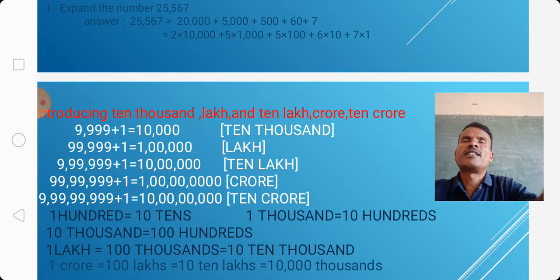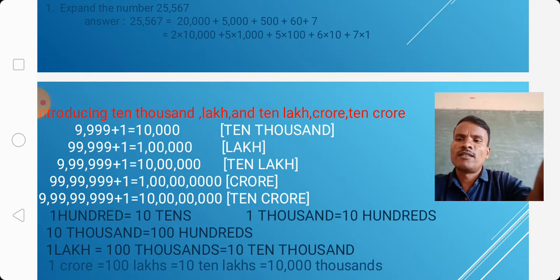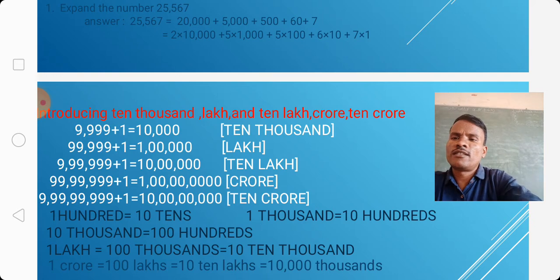Here 9,999 is the greatest number in 4 digits. If we add 1, that becomes 10,000. 10,000 is the smallest 5 digit number.